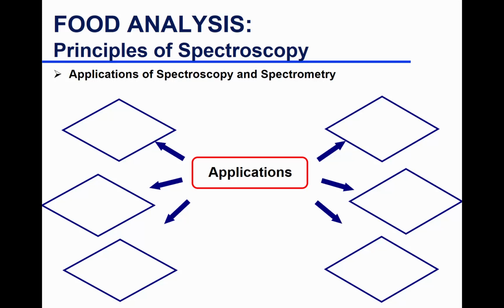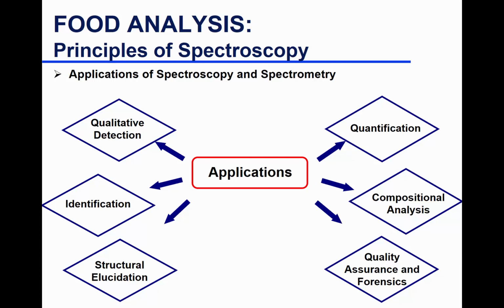Like identification, because it has a ring of reflected light. Absolutely, identification. When we don't know what compounds we have, we look at its spectra, we can potentially identify it. So quantification, identification, qualitative detection, just to determine the presence of.